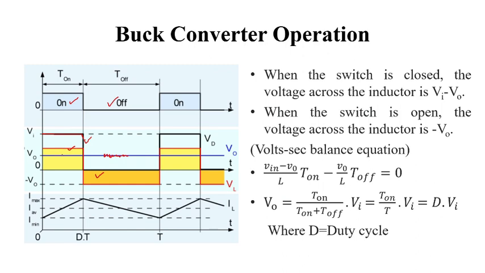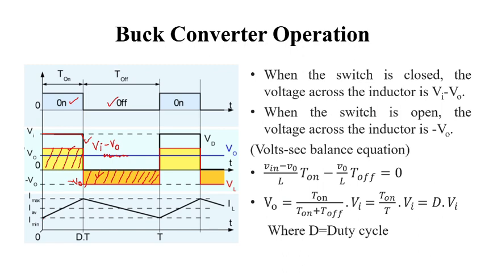So during the on state, the inductor voltage is this, and during the off state, the inductor voltage is negative and shown here as the dark yellow region. During the on state, the voltage across the inductor is Vi minus V0, and during the off state it is minus V0.